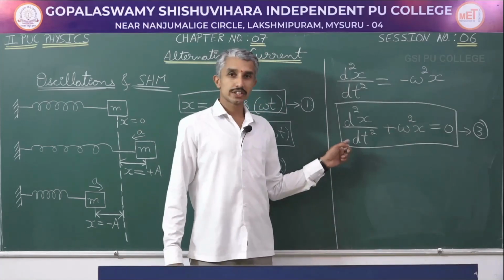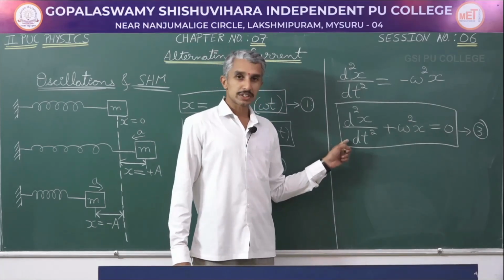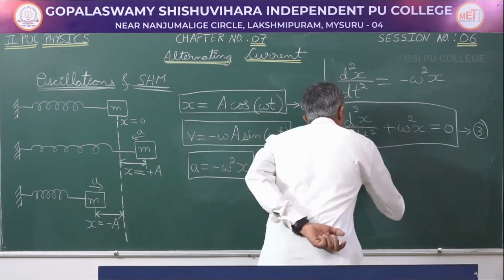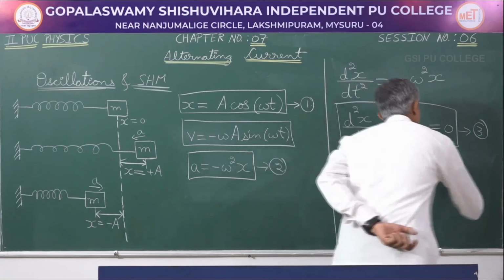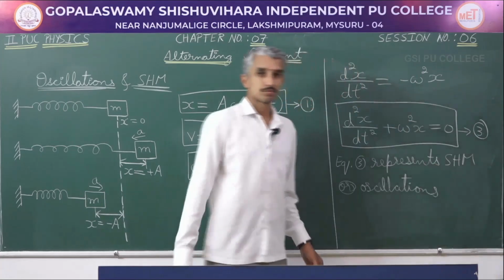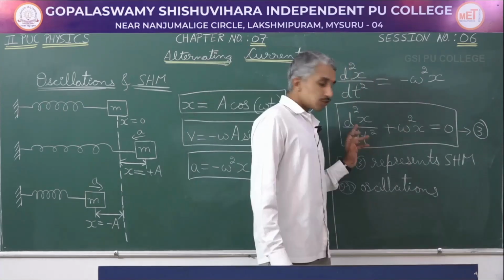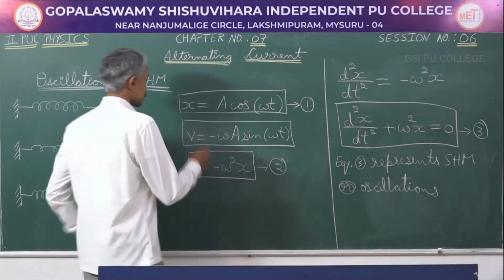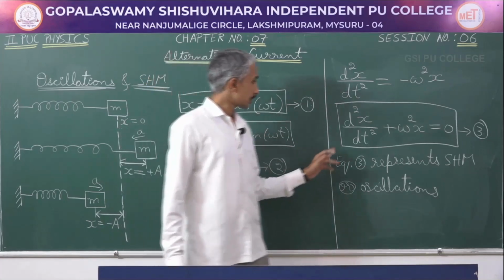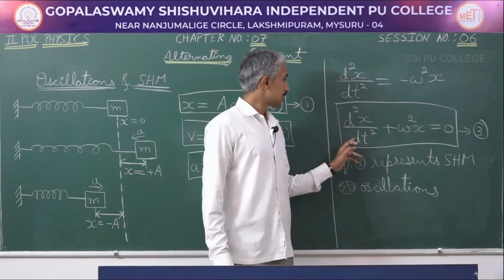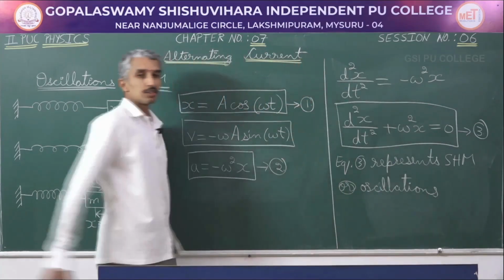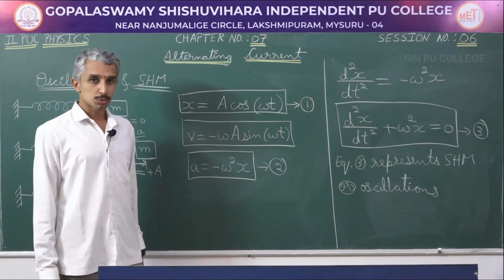So, this differential equation represents SHM, simple harmonic motion or oscillations. Finally, we will be making use of these two equations, especially equation 1, x is equal to a cos omega t, and equation 3, d square x by dt square plus omega square x is equal to 0. Both represent simple harmonic motion.